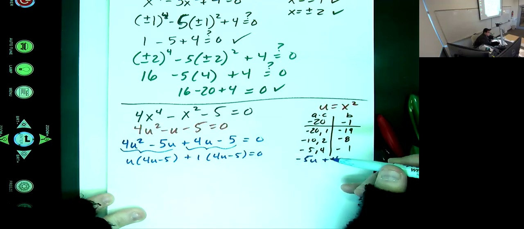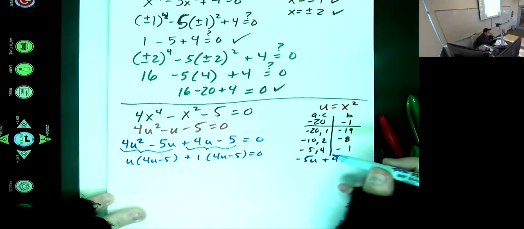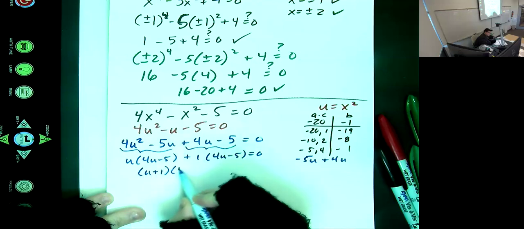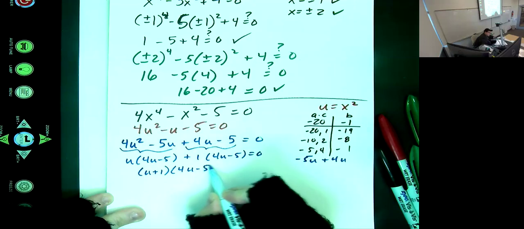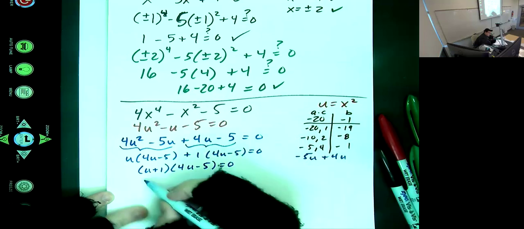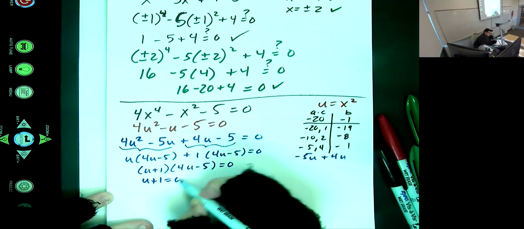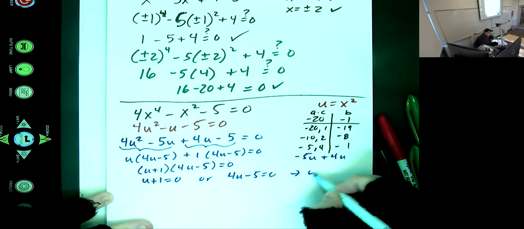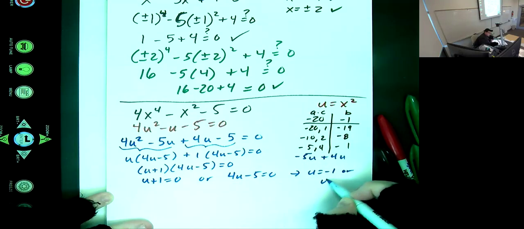Now, the advantage of the quadratic formula is it takes you straight to the answer. There's none of this. There's a lot going on here, right? So if you do the quadratic formula, after you simplify, you should get u equals -1 or u equals 5/4.